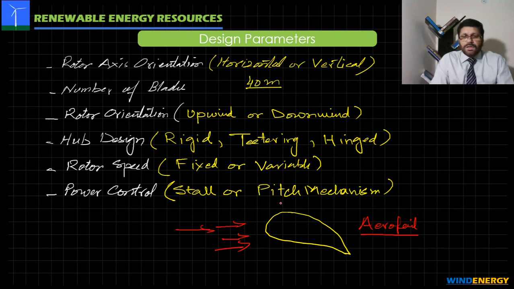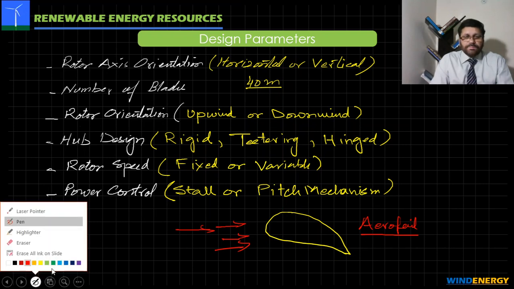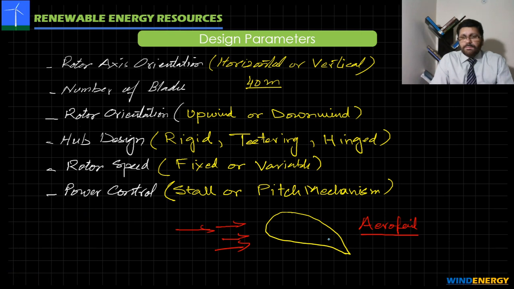And if you are talking of a pitch mechanism, you attach sensors with the blade. Like if you have traveled by plane, you must have observed that during takeoff and landing, the aeroplane wings have additional flappers that slide outward.